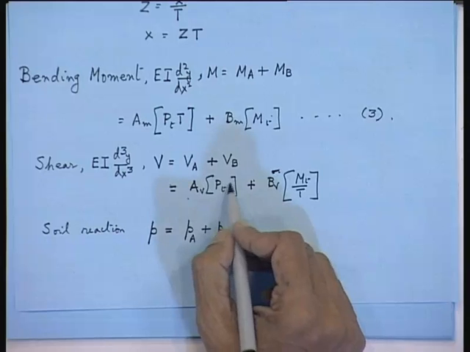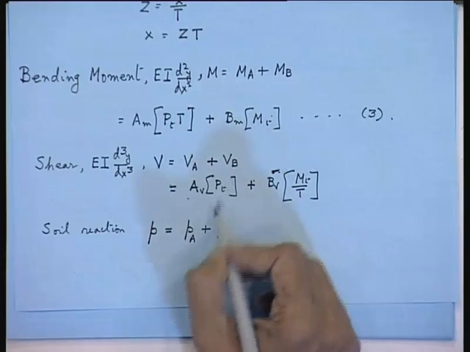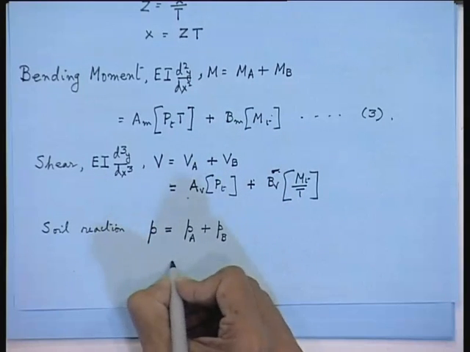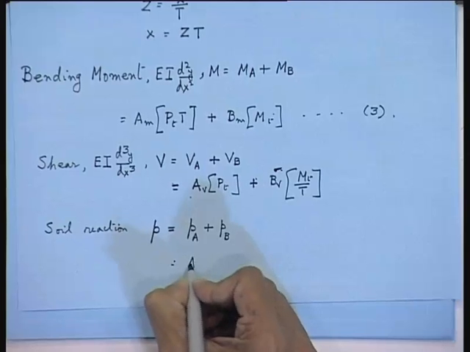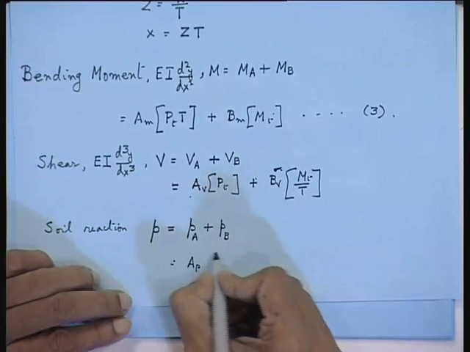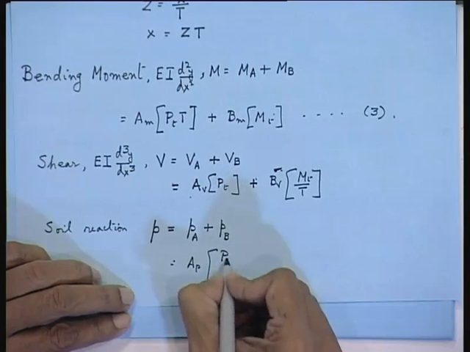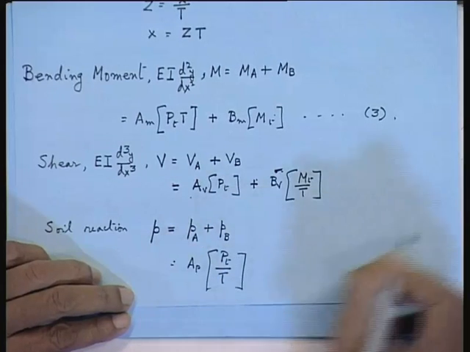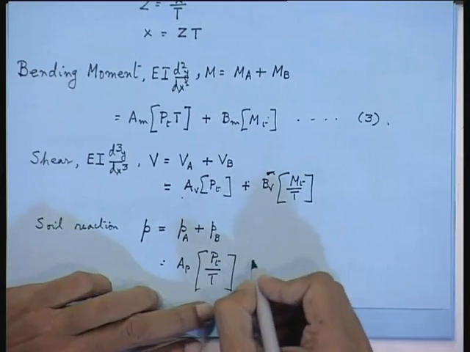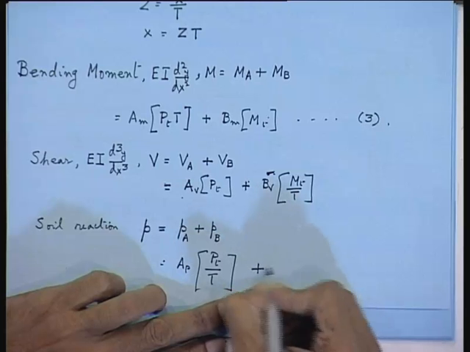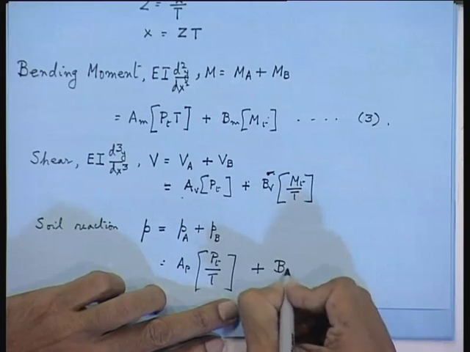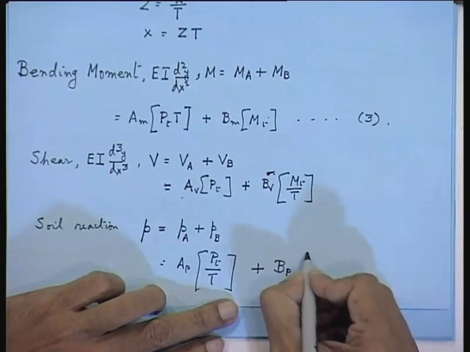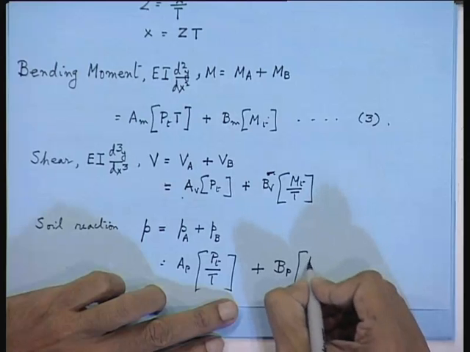Imagine this to be T to the power 0 and differentiate it. So, this will be AP, and T to the power 0, if you differentiate, becomes T to the power minus 1. You take it outside and collect it in the constants AP and BP, and this one will be MT by T square.